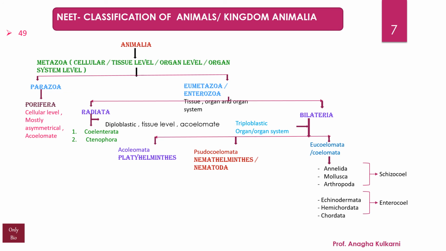The Bilateria group can be further divided into three subgroups. First is Acoelomata with Platyhelminthes as an example. Second is Pseudocoelomata with Nemathelminthes, also called Nematoda, as an example. Third is Eucoelomata or Coelomata, which has three subgroups in Schizocoelomata, that is Annelida, Mollusca and Arthropoda, and three subgroups in Enterocoelomata, that is Echinodermata, Hemichordata and Chordata.